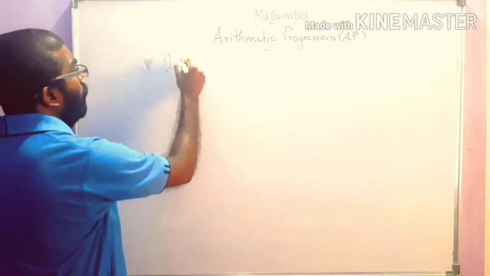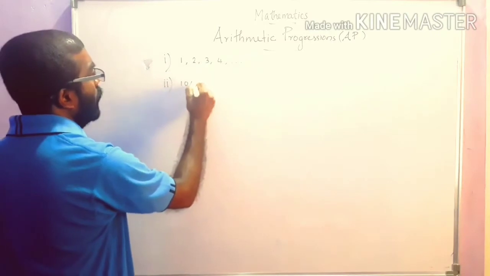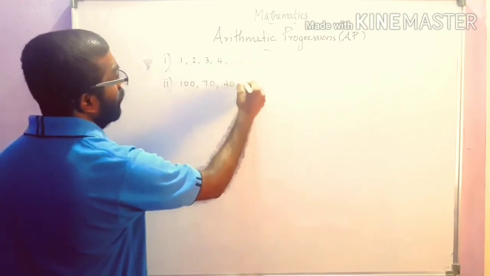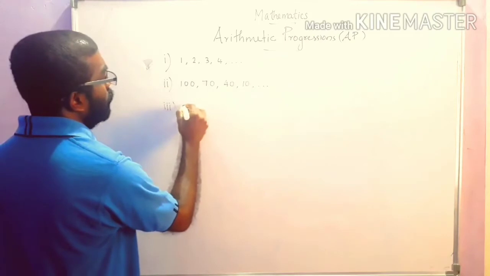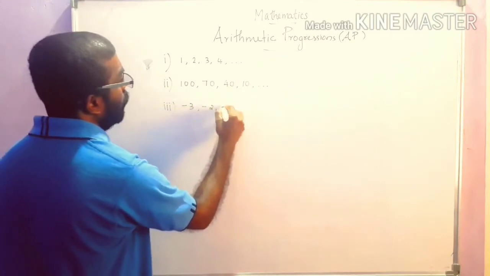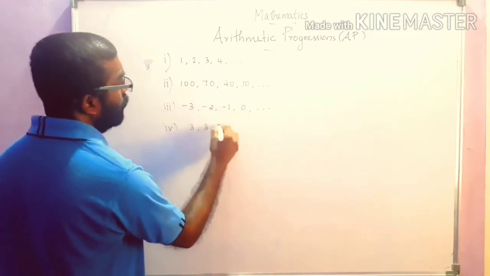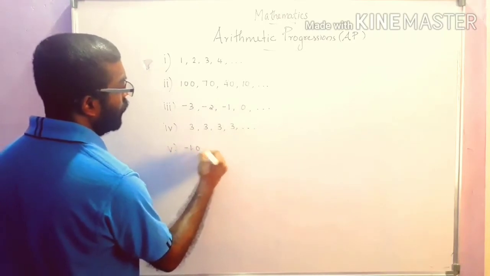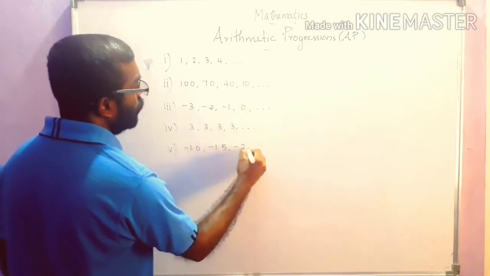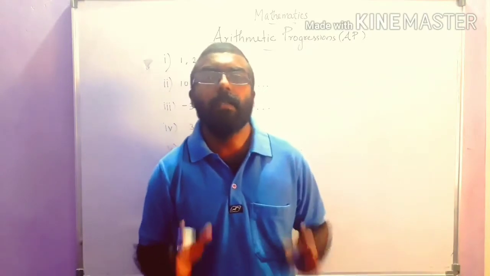Consider the following list of numbers: 1, 2, 3, 4, etc. 100, 70, 40, 10, etc. -3, -2, -1, 0, etc. 3, 3, 3, 3, etc. -1.0, -1.5, -2.0, -2.5, etc. Here each of the numbers in the list is called a term.